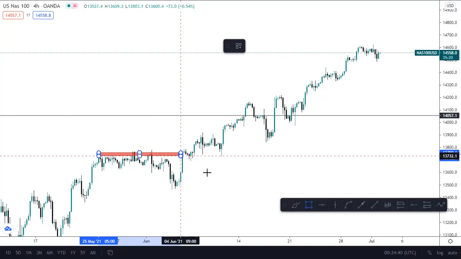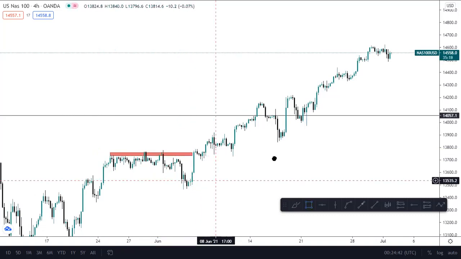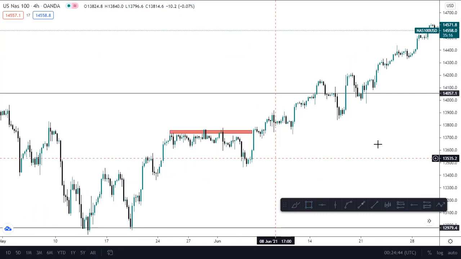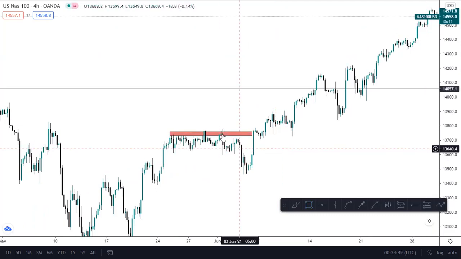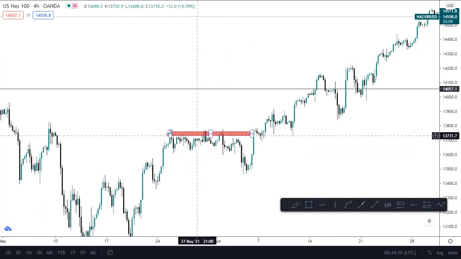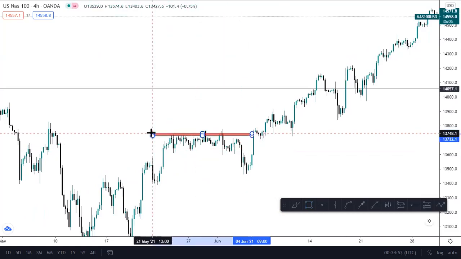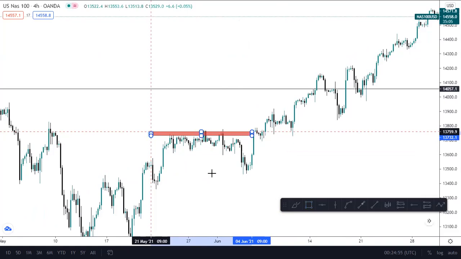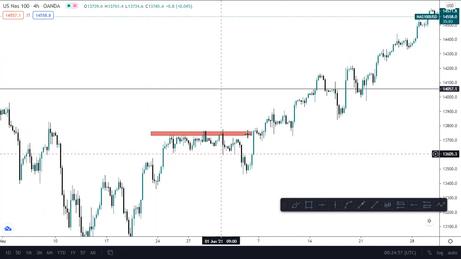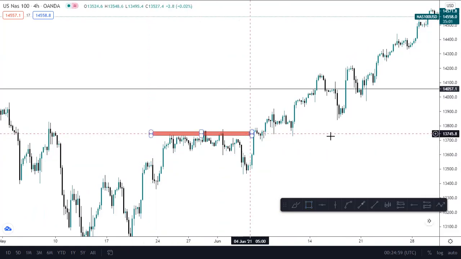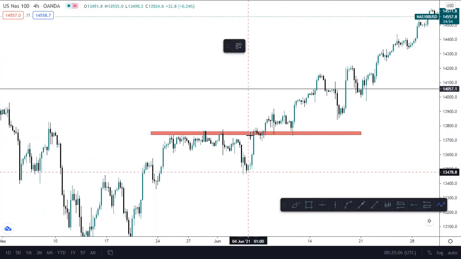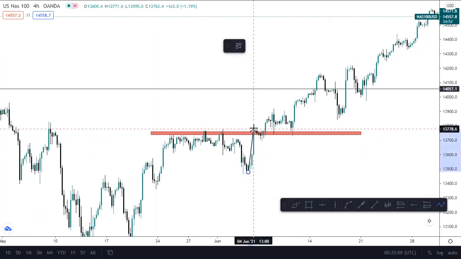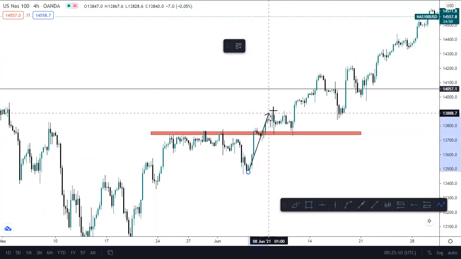The reason I want to start here is to make sure we are on the same page. We previously had a resistance level there also, and if you extend this block to the right-hand side, you can clearly see a breakout of this.